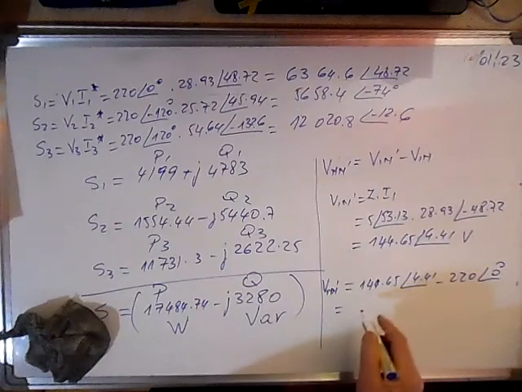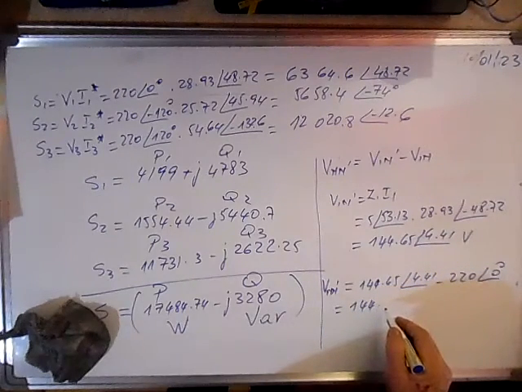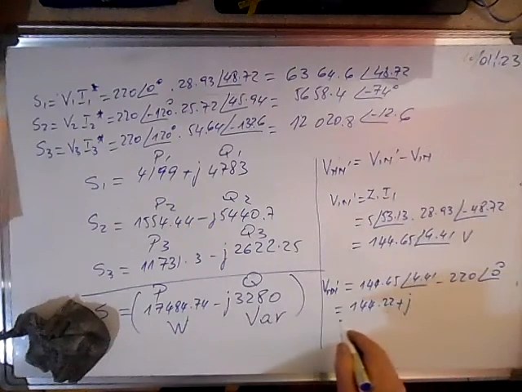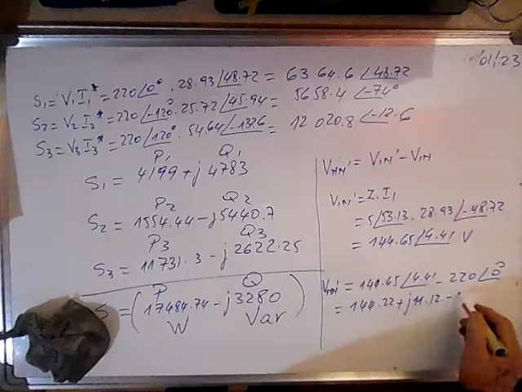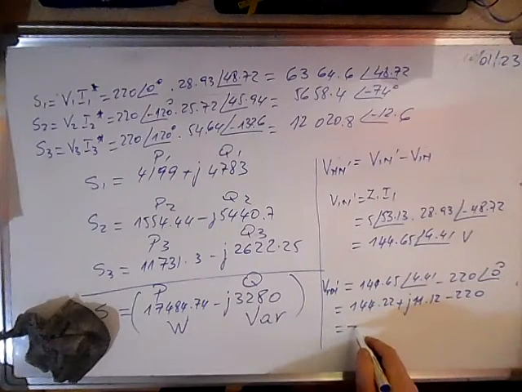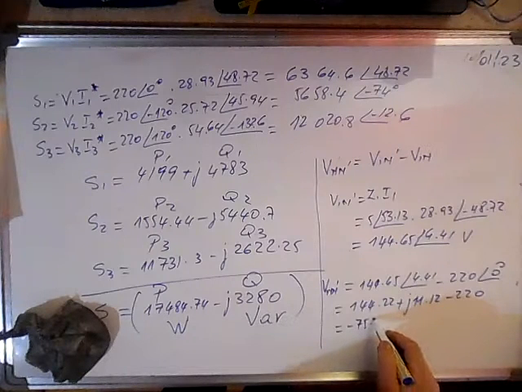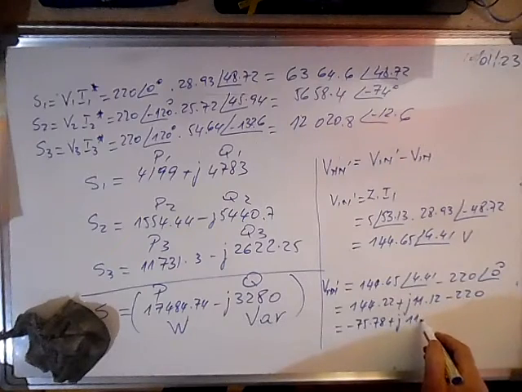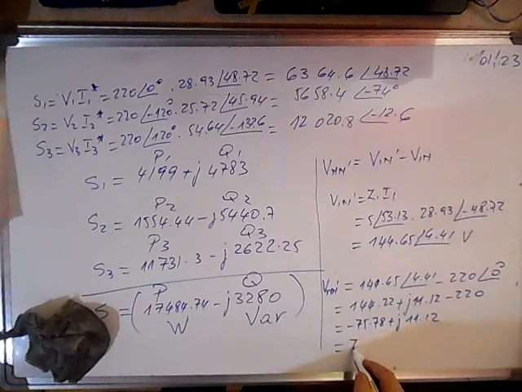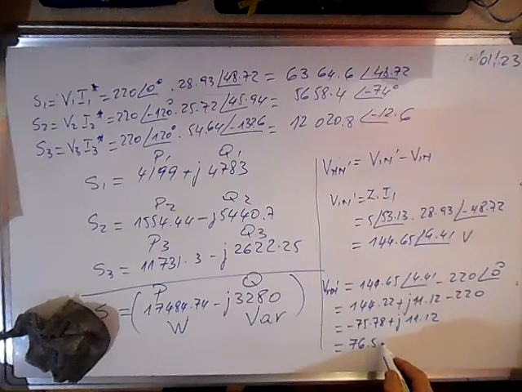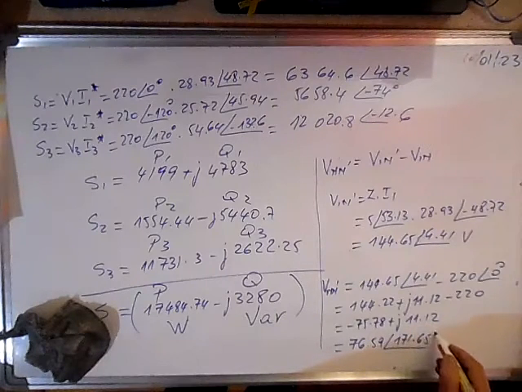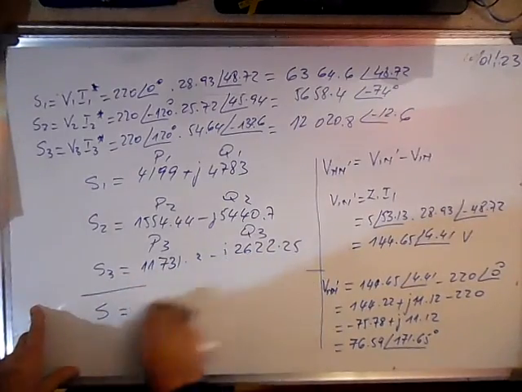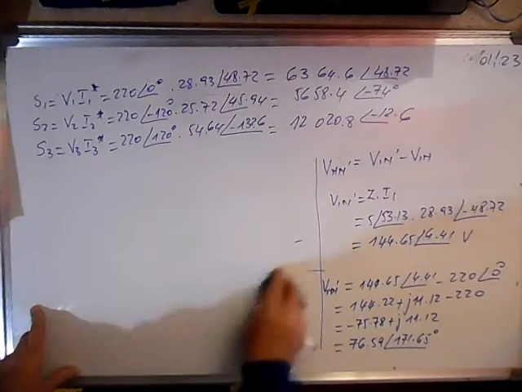This times cosine gives 144.22 plus j, this times sine gives 11.12, minus 220, so we're left with minus 75.78 plus j11.12, and in polar form it is 76.559 with argument 171.65 degrees.